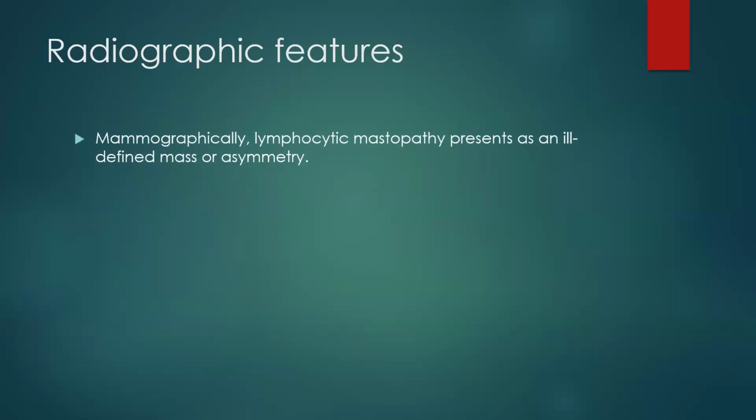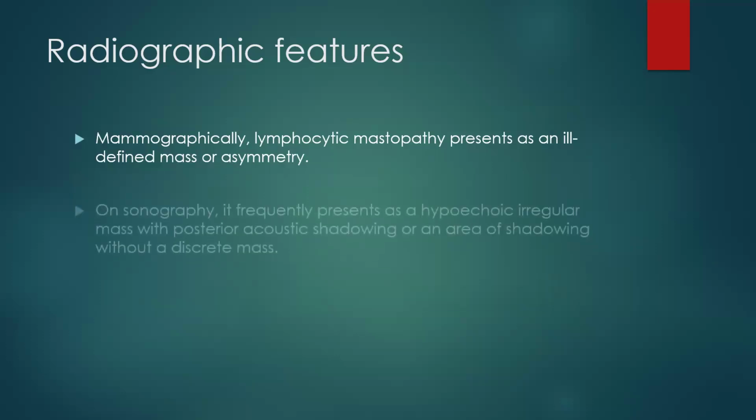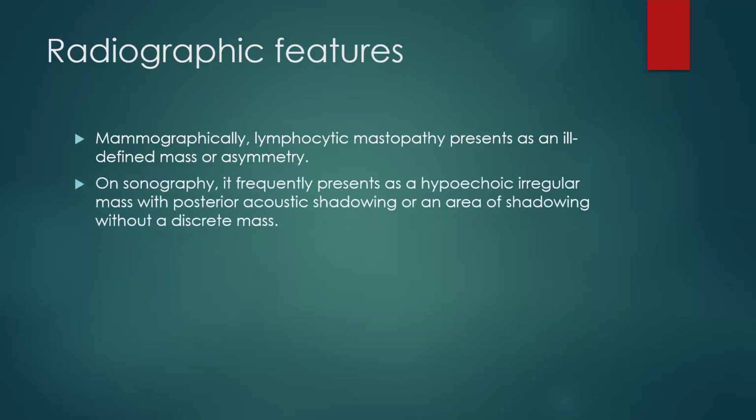When it comes to its radiographic features, in mammography, lymphocytic mastopathy presents as an ill-defined mass or asymmetry. On sonography, it frequently presents as a hypoechoic, irregular mass with posterior acoustic shadowing or an area of shadowing without a discrete or obvious mass.